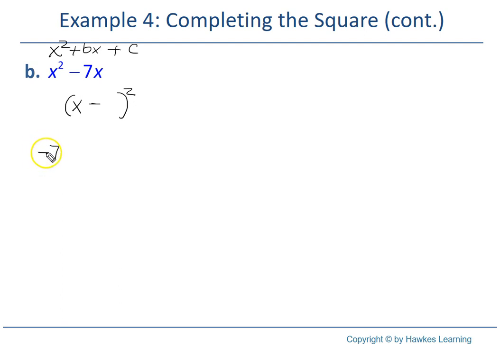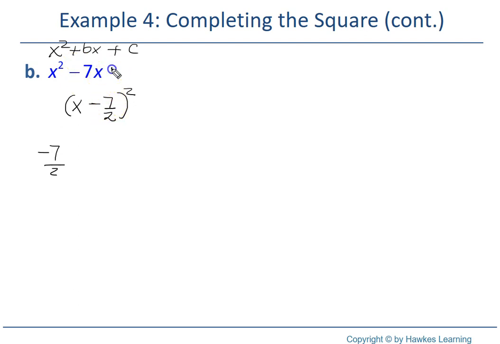So we have to take half of that. Now half of a -7, just divided by 2, is -7/2. So by seeing what's in our b term spot, we take half of that.